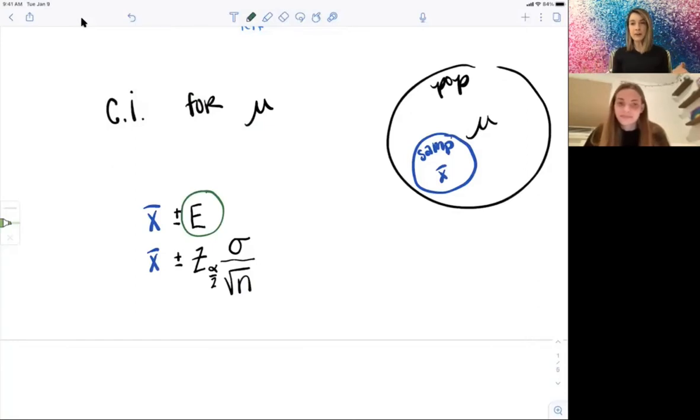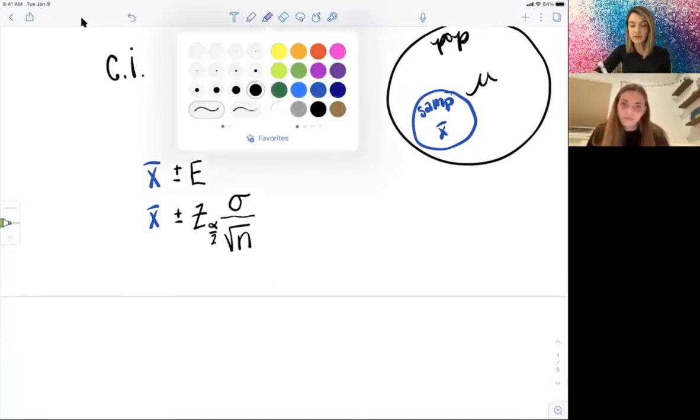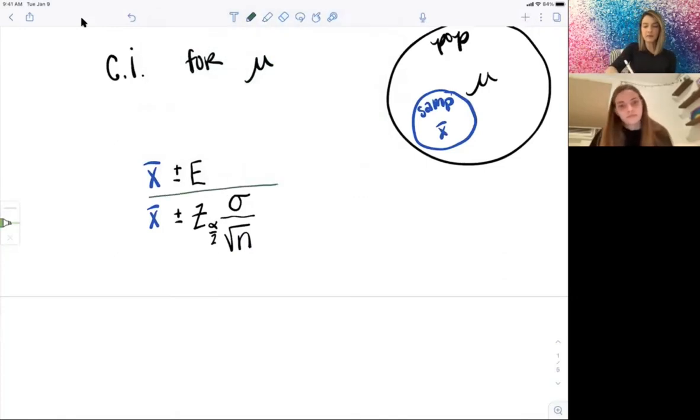So what you and me are going to talk about today is all about wanting that margin of error to be within a certain size and how big a sample we need to get before we even start our study to ensure that that happens. That's the goal. So what I like to point out before we dive into it is that the formulas that we're going to see are not new formulas to memorize. They are coming from this confidence interval formula that you know and hopefully love. And all we're saying is this is the margin of error.